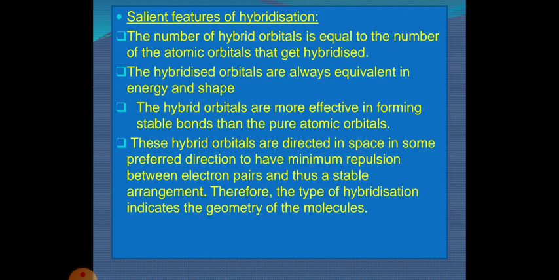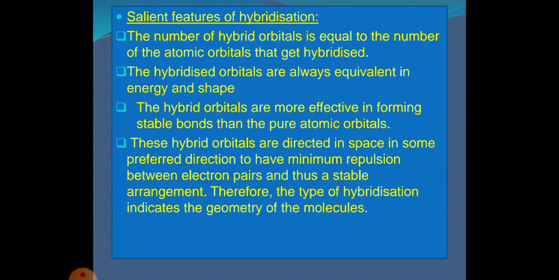The number of hybrid orbitals is equal to the number of atomic orbitals that get hybridized. The hybridized orbitals are always equivalent in energy and shape, as we have already explained. During hybridization, mixing and recasting take place, but the energy of the orbitals remains the same.